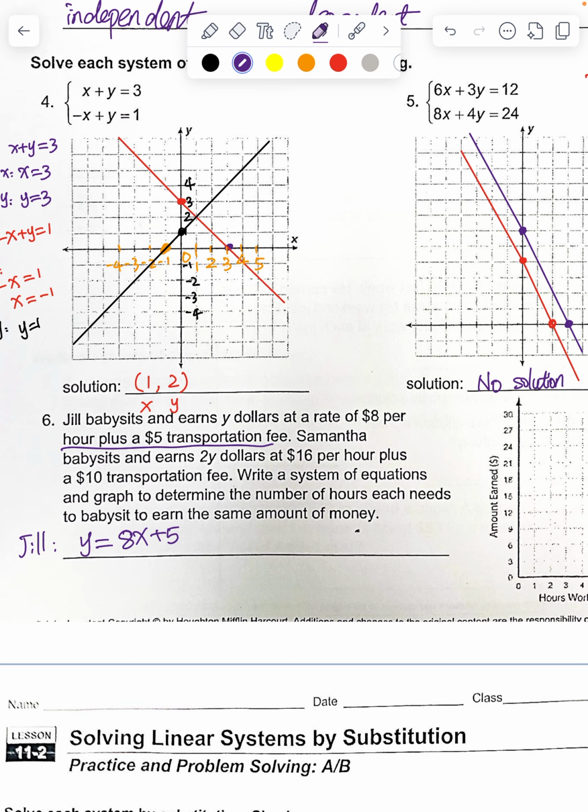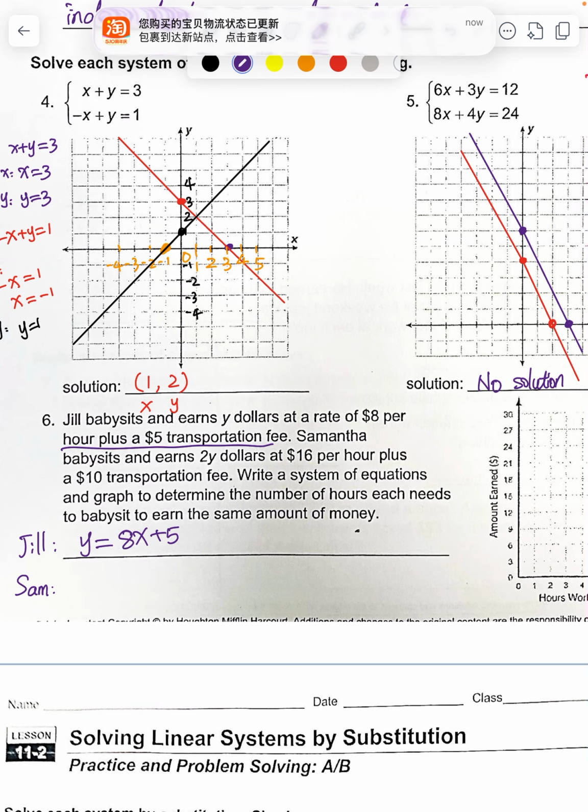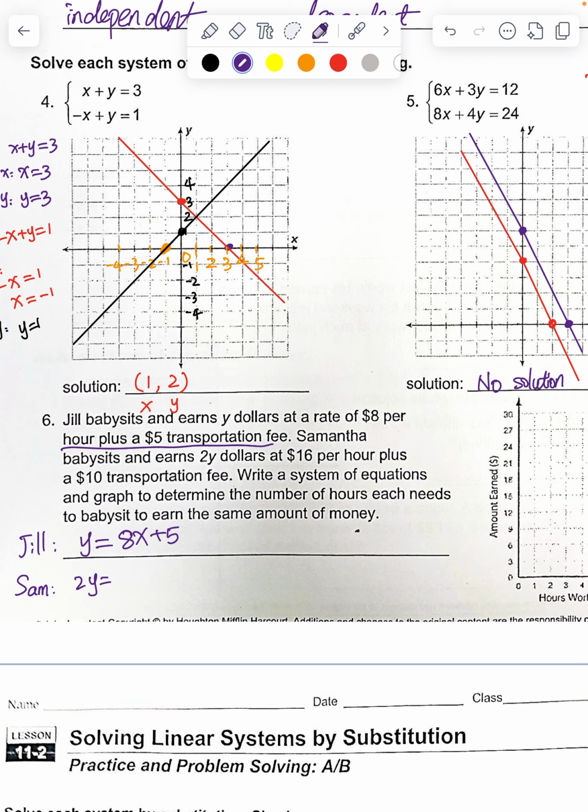And then Samantha earns $2y, and then $16 per hour, so 16x plus $10 transportation fee.